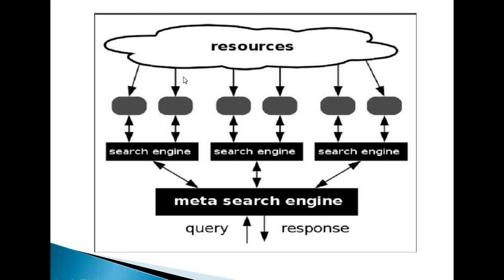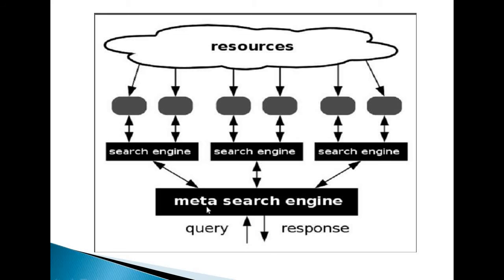Now here you can see the resources, the search engines, how these resources are related with their different users and how they react with different search engines which are related with meta search queries and responses. The next way I am going to explain is a user query.